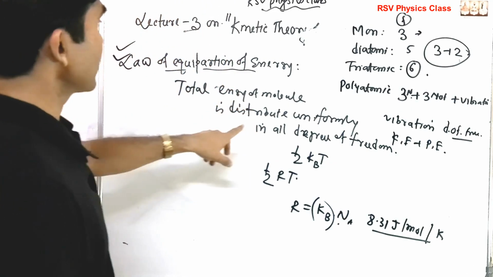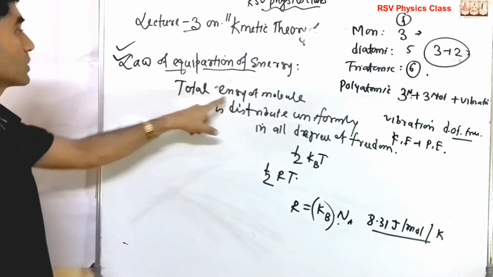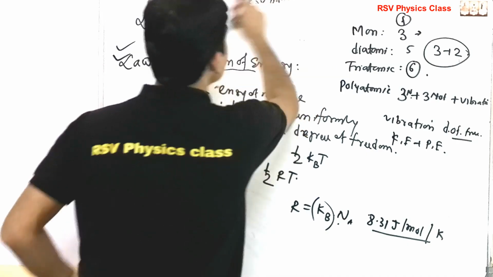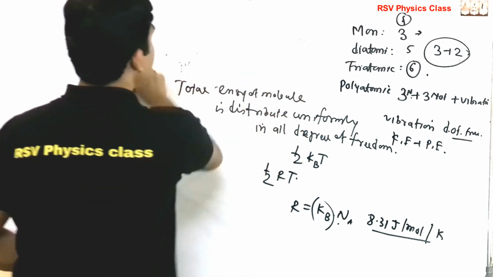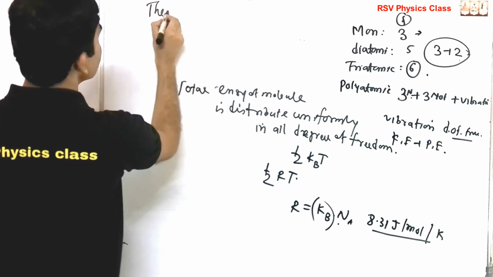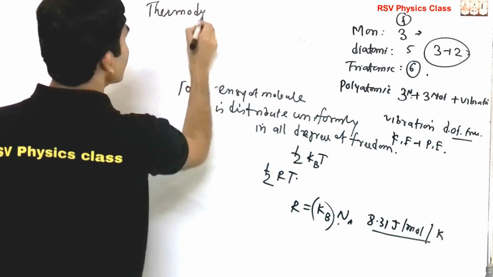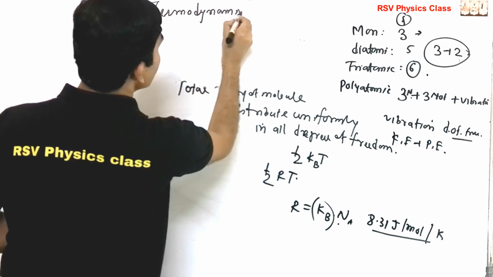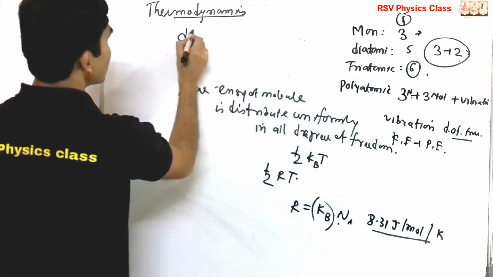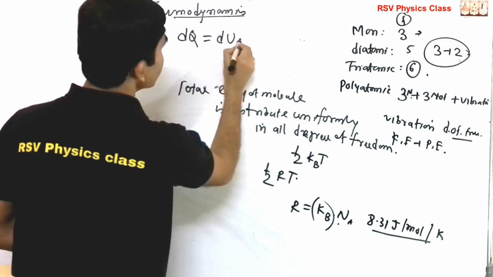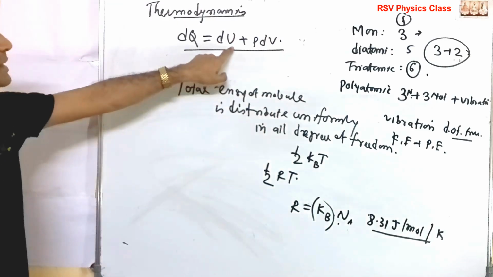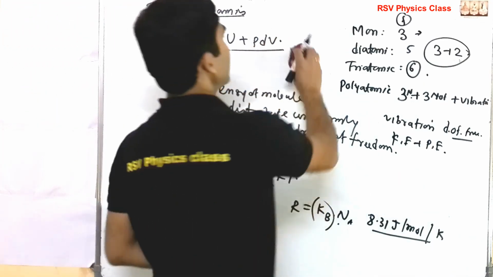Again, now I will be coming to equipartition. Quickly I will be explaining thermodynamics. From the first law of thermodynamics, you know, total heat equals internal energy plus P dV. That you know. So this is internal energy and this is the work done.